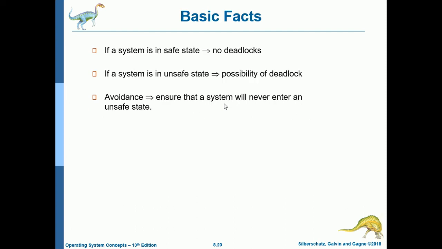So again, basic facts. If a system is in safe state, definitely there are no deadlocks. If a system is in unsafe state, there is a possibility of deadlock. Possibility. It's not that if it is unsafe, then it is already a deadlock. No, it's only a possibility. So avoidance ensures that a system will never enter an unsafe state.